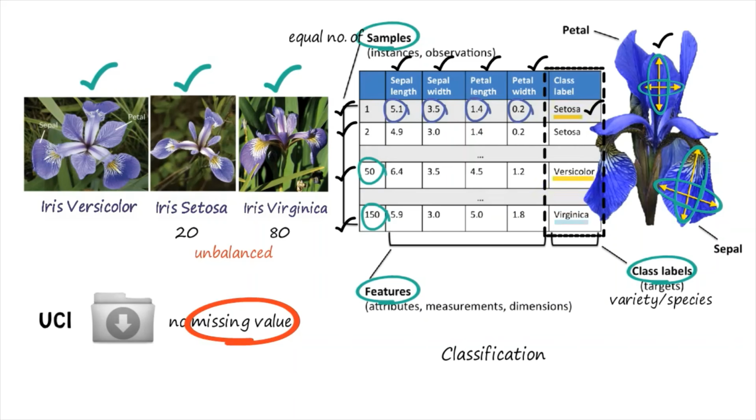Some of the attributes may be missing. So medical data is very prone to missing values and is of the unbalanced category. This thing you have to remember.